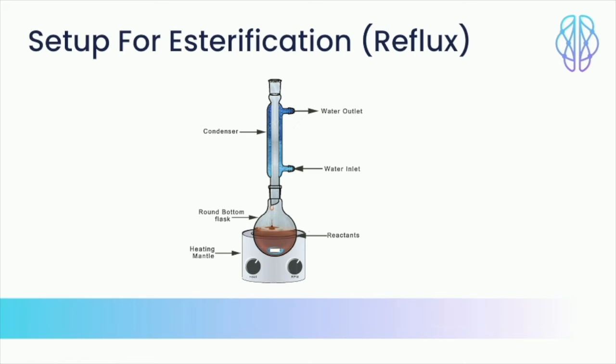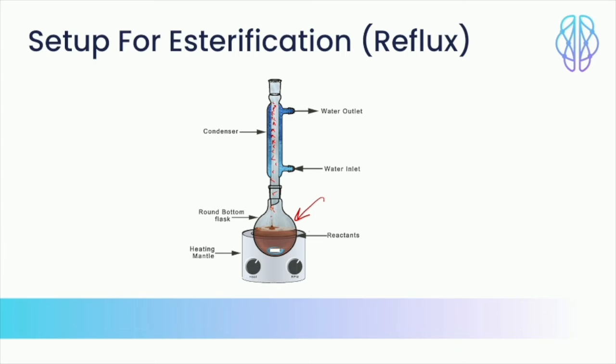The condenser comes into our discussion of the reactants being volatile. When you heat these components, no matter how hard you try, no matter how well you control it, you will get some vaporization. And when this alcohol and this carboxylic acid vaporize, the condenser acts as a water cooling mechanism to cool down this vapor of alcohol, carboxylic acid, or ester, and convert it back to a liquid form, and then it will drip down.